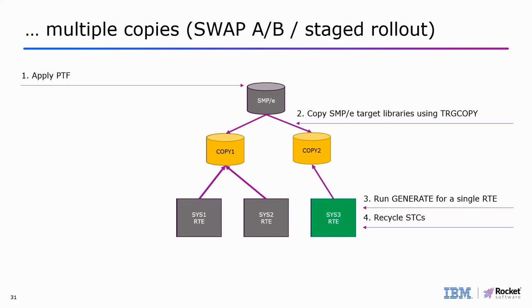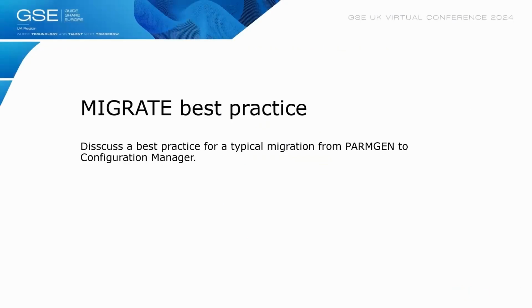You regenerate the members of a single runtime environment, referencing copy 2 in this case, make sure everything runs fine, and then move to the next one. This is a very elegant way of doing rolling maintenance in your environments. So this was target copy.